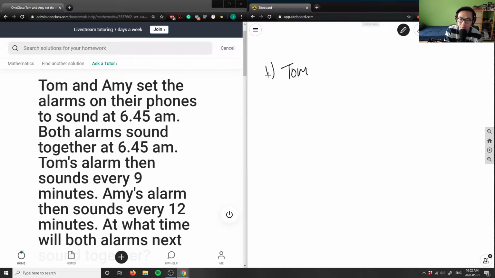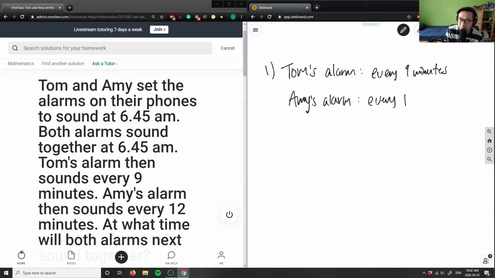So I have Tom's alarm, and then I also have Amy's alarm, right? Tom's alarm sounds every 9 minutes, and Amy's alarm sounds every 12 minutes.